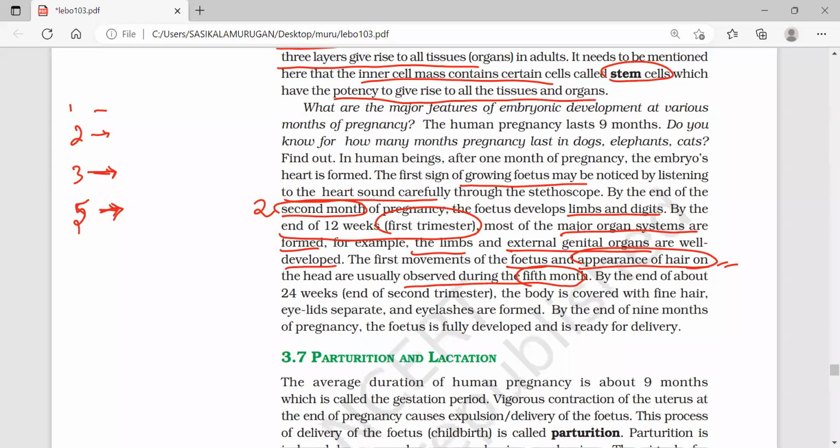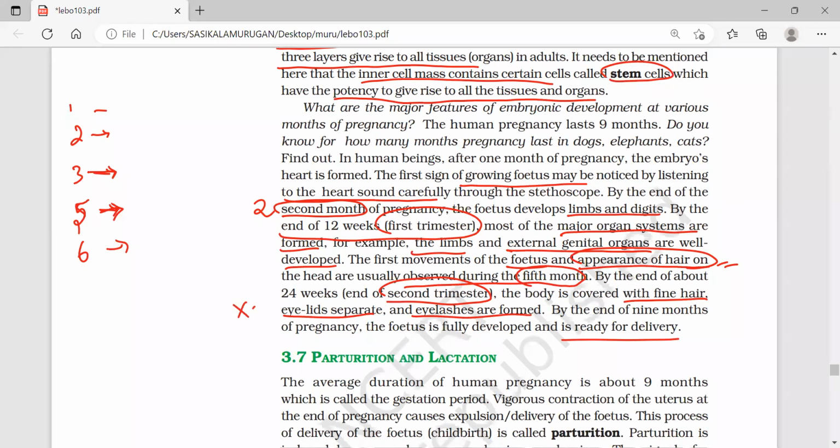By the end of 24 weeks, the second trimester, 6 months, the body is covered with fine hairs, the eyelids are separated, and eyelashes are formed. All these events take place during the 6th month. By the end of 9 months of pregnancy, the fetus is fully developed and ready for delivery.